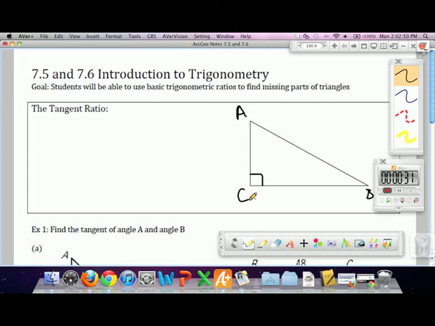The tangent ratio is the following. It's the tangent of an angle.